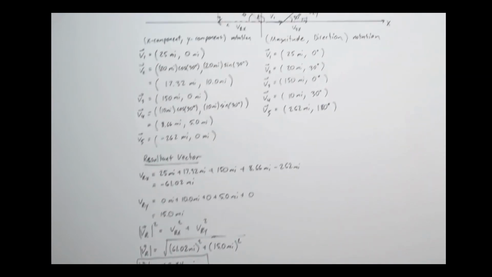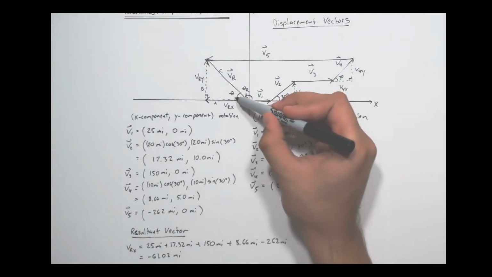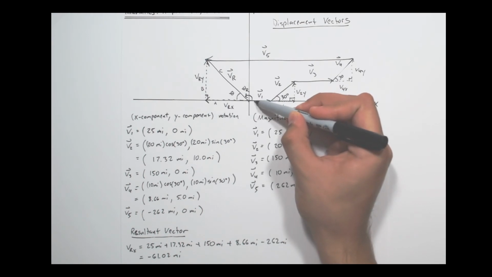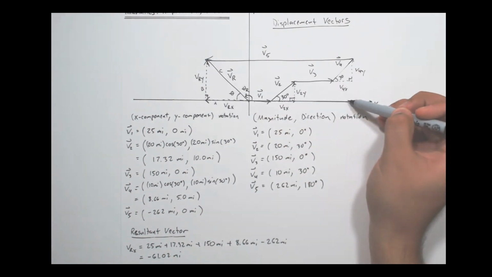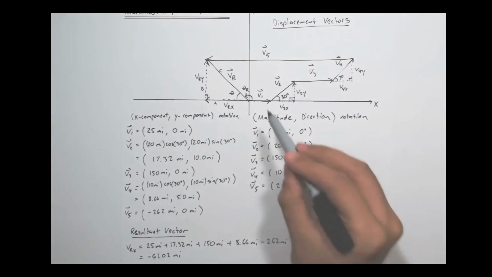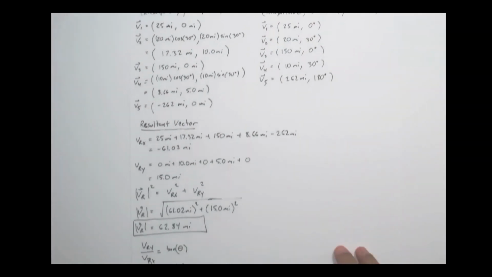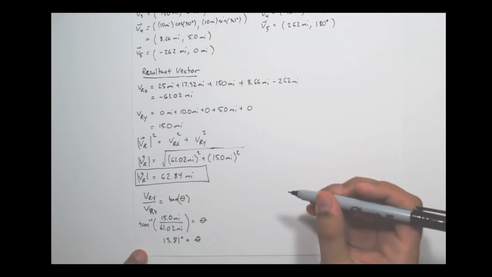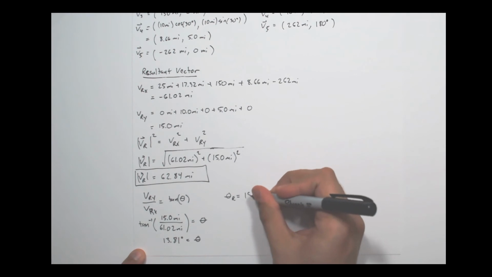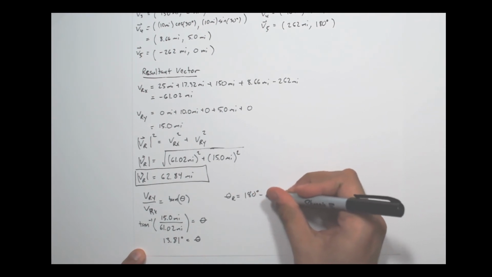But remember, we're not done because that was only the theta in this triangle, but the problem is asking for us to get the angle in the sine convention, going from positive x-axis counterclockwise to the vector. So we need the theta r. And that can be found easily. All we have to do is take theta r equal to 180 degrees minus theta.